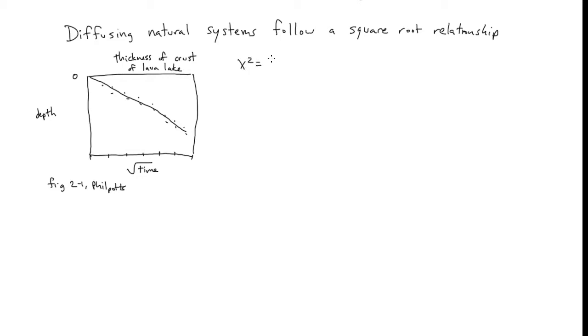To first order, it's the characteristic equation: the thickness x being proportional to the square root of time. And the same thing occurs for the depth of the ocean floor.